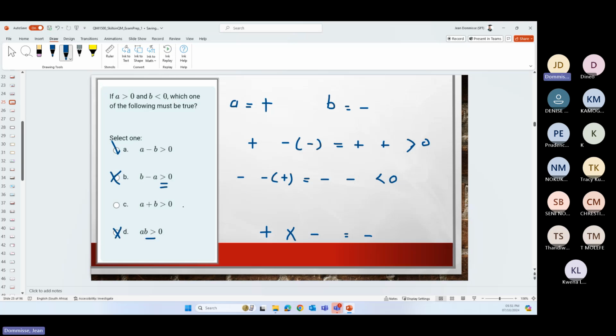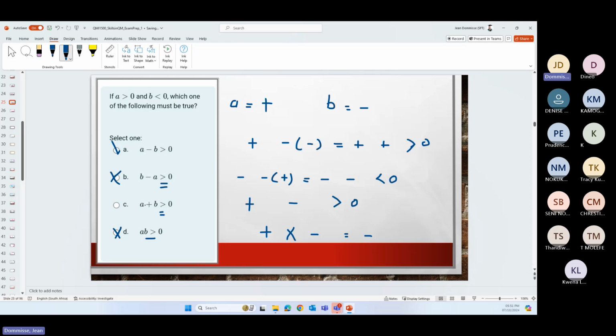And then if we had a plus and we have a minus, like they say, it does not mean that it will always be bigger than 0.